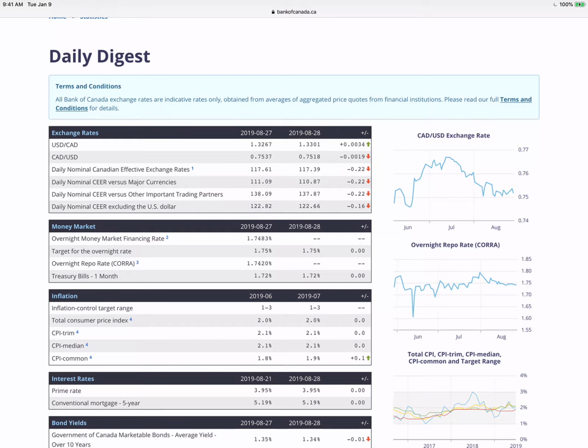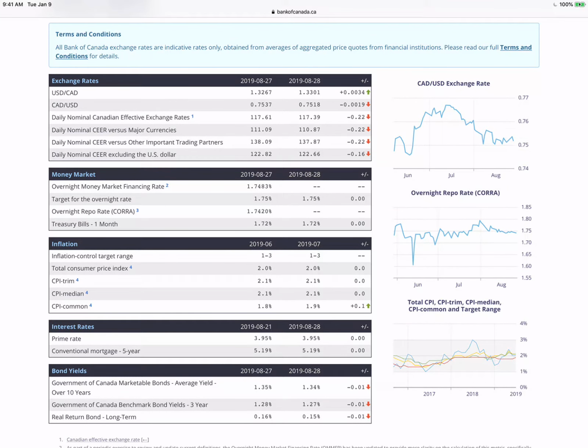So the Bank of Canada sets the target for the overnight rate. If Royal Bank wants to borrow from the Bank of Montreal, they're doing so at 1.75%. Now, since the Bank of Canada would rather that banks borrow from each other, the Bank of Canada wants to be the lender of last resort. That is, I'm not going to bail you out, you go and borrow from other banks first. So the bank rate is 2%.